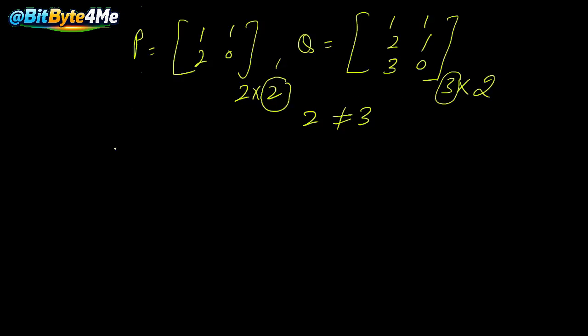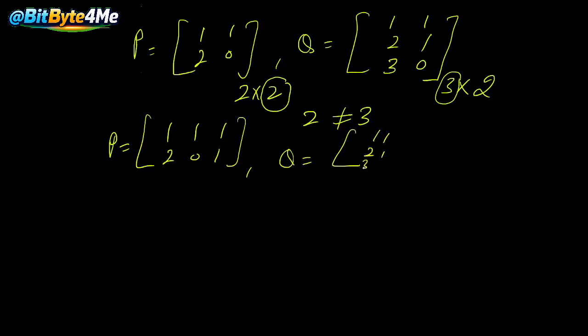So if we change P to [1 1 1; 2 0 1], and Q will remain the same, [1 1; 2 1; 3 0]. So this is the Q matrix. Now this is a 2 by 3 matrix and this is a 3 by 2 matrix.